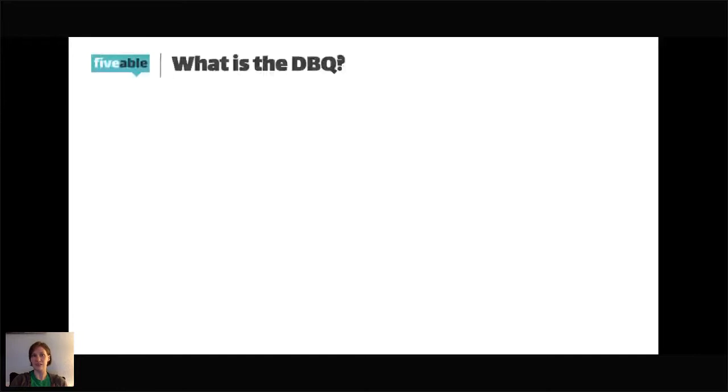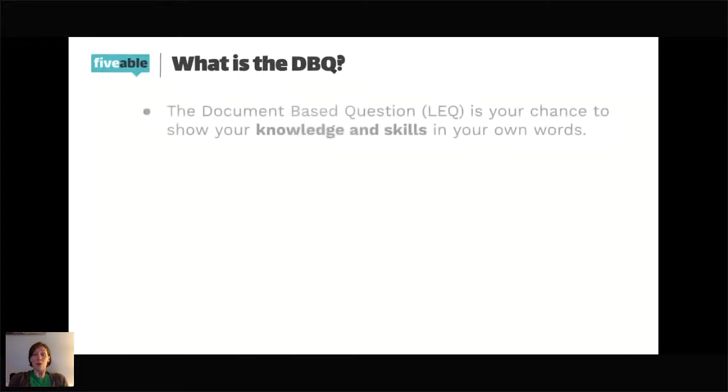What is the DBQ? Most broadly, the document-based question, that's what it stands for, is your chance to show both knowledge and skill in your own words. So hopefully at this point, you know that the AP World History exam includes both multiple choice and free response questions.